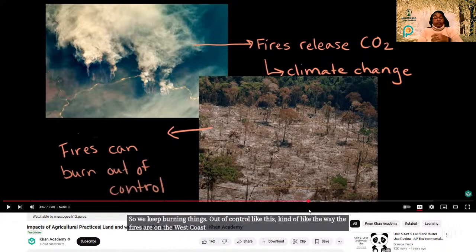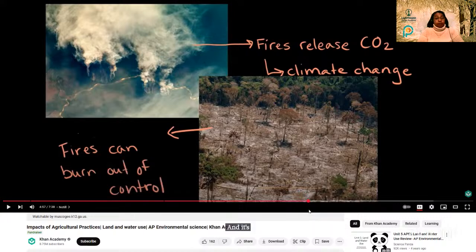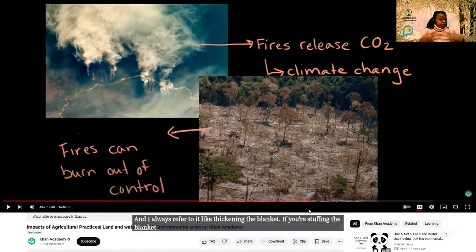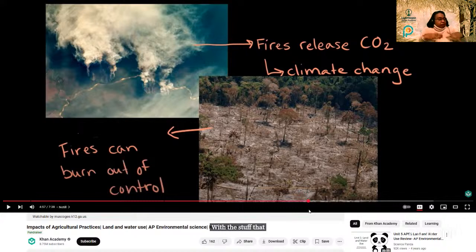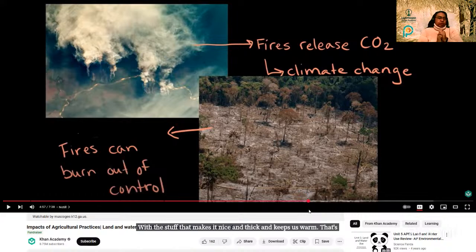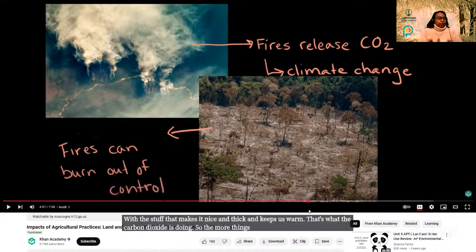It's adding a tremendous amount of carbon dioxide into the atmosphere. And I always refer to it like thickening the blanket. If you're stuffing the blanket with the stuff that makes it nice and thick and keeps us warm, that's what the carbon dioxide is doing. So the more things that you burn, the more carbon dioxide is put in the atmosphere, and it is held there. It makes our blanket around the earth thicker, and it's affecting climate change.